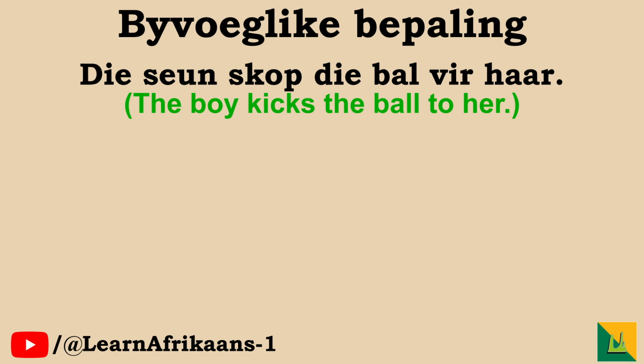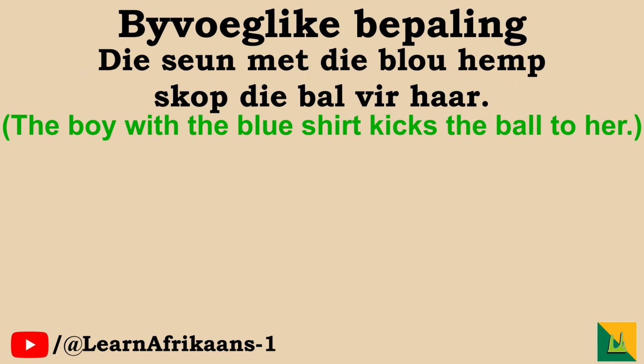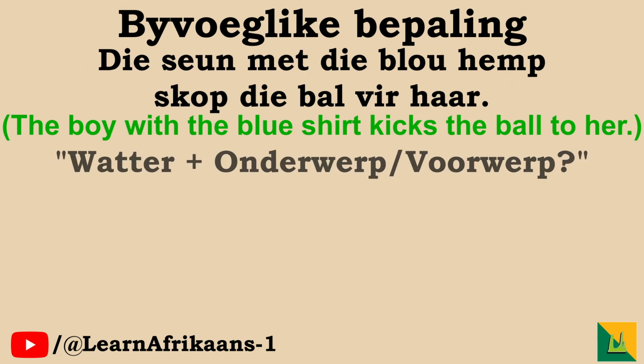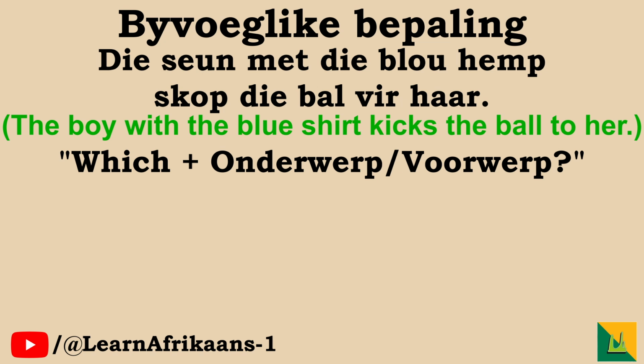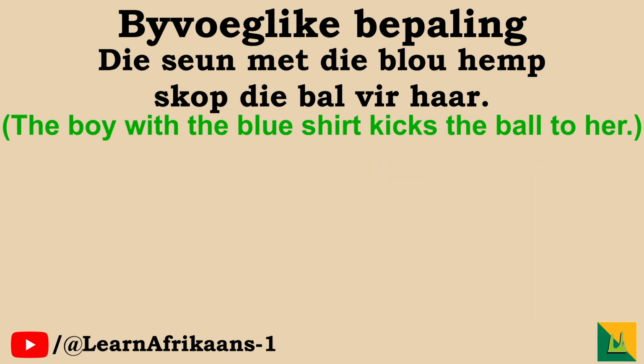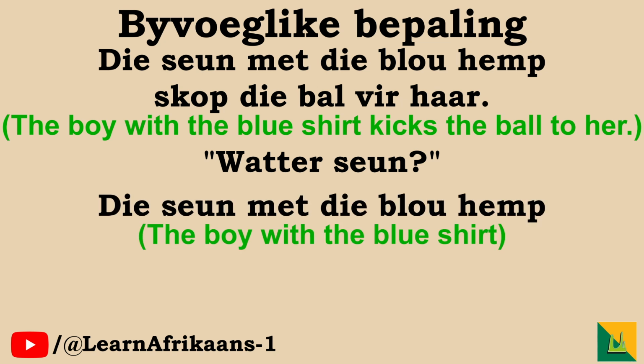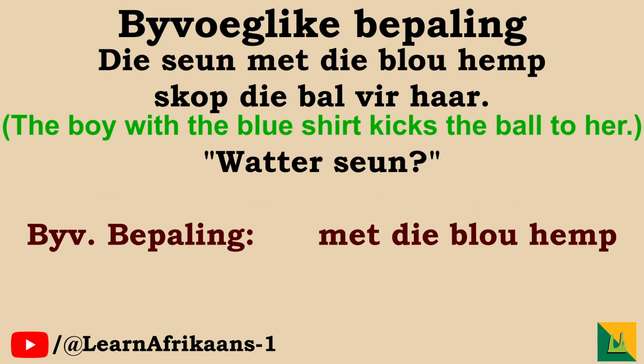Add a byvoeglike bepaling and you have, for example, die seun met die blou hemp skop die bal vir haar. A question you can ask here is, watter plus onderwerp of voorwerp? Which plus onderwerp or voorwerp? Which boy? Watter seun? Die seun met die blou hemp. Met die blou hemp is your byvoeglike bepaling.